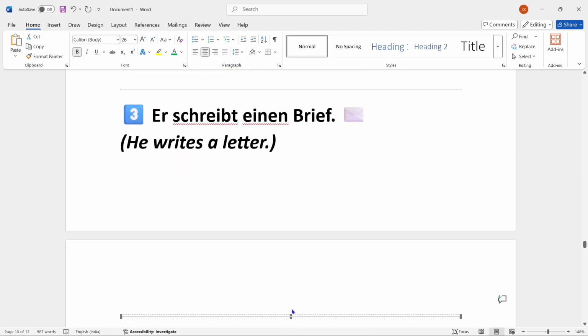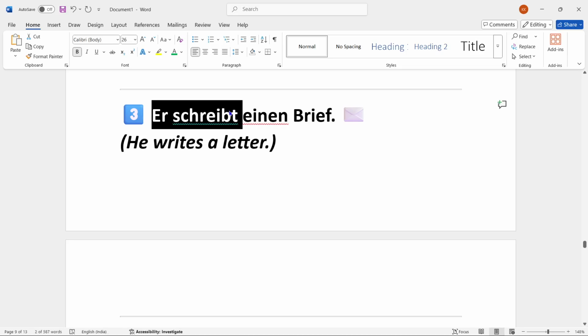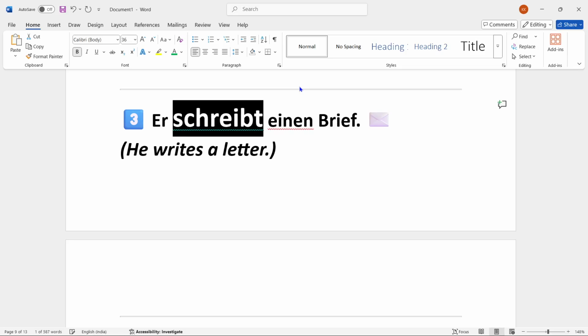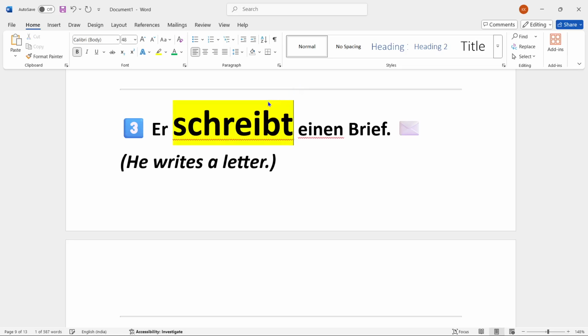Er schreibt einen Brief. Er schreibt einen Brief. Focus only on the verb. Verb is here at the second position. Wiederholen bitte. Er schreibt, genau.